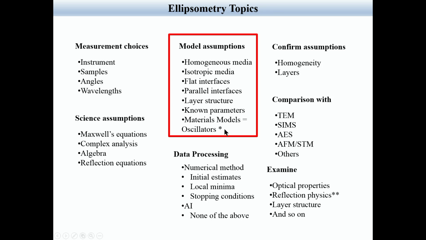We don't have to do them all, but for our purposes here, we're going to assume homogeneous media, isotropic as opposed to anisotropic. We'll have flat interfaces, parallel interfaces, layer structure, known parameters, and so on.